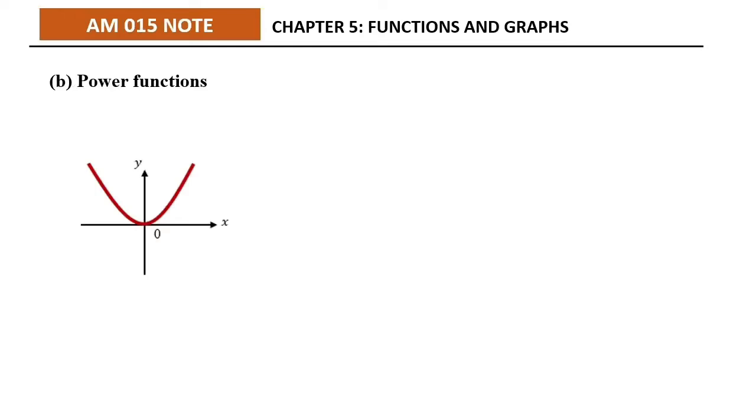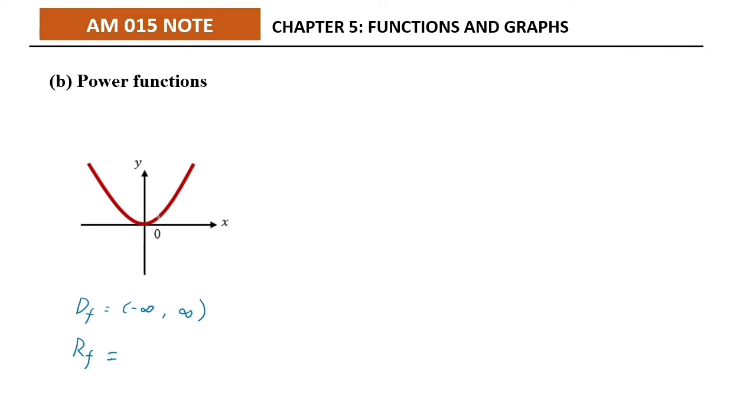Next example is a power function. For the domain for this example, again we look at the x-axis. The graph starts at negative infinity and ends at infinity. And range for f, the graph starts from above, meaning infinity, and goes down to 0.